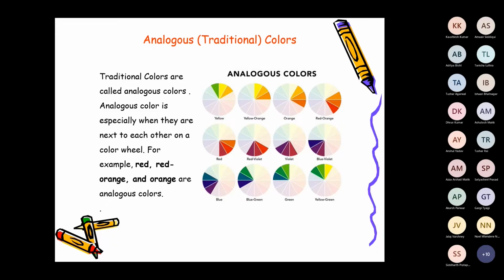Each other on a color wheel, for example, red orange and orange are analogous colors. So you can see relevant colors which are very much related, and it comes in the next section of the color. So it comes in analogous color, right? You can see in the example of analogous colors, you can find red orange, orange, yellow orange.